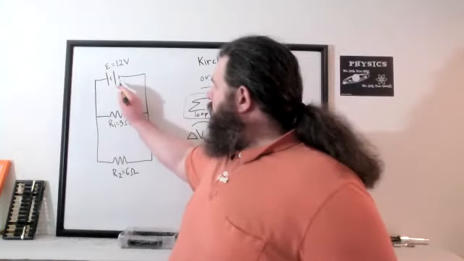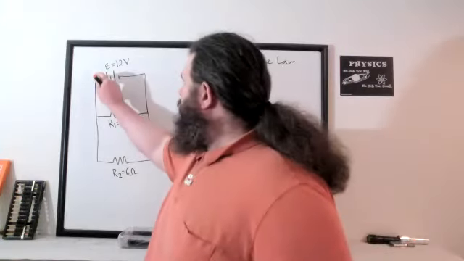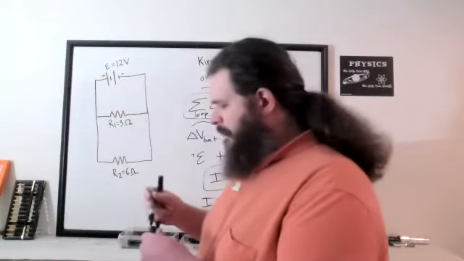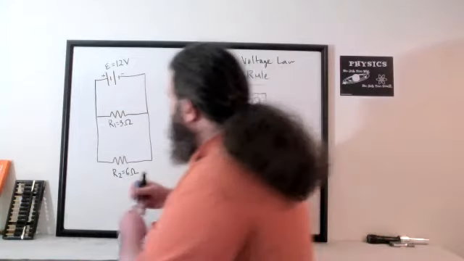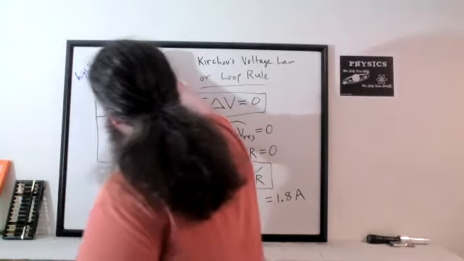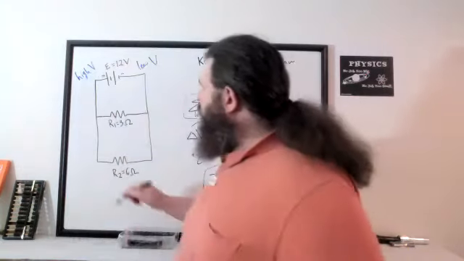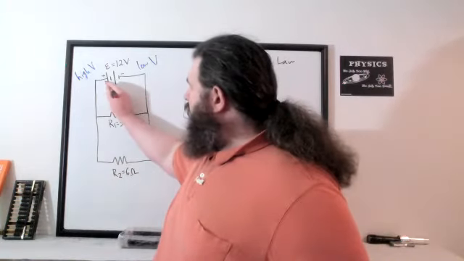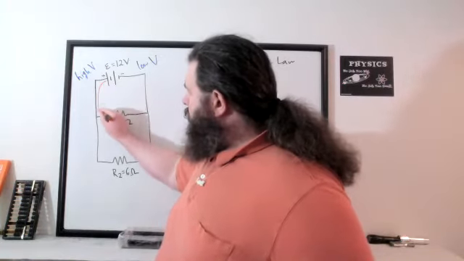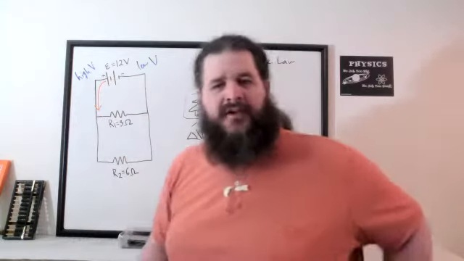If you got current going through the battery, presumably you got a positive terminal and a negative terminal. So this is a high voltage zone, and this is a low voltage zone. Presumably you're going to get current going from the high voltage zone around the circuit towards the low voltage zone.